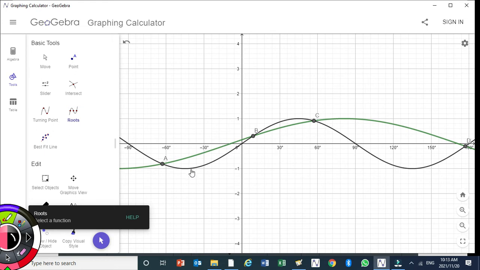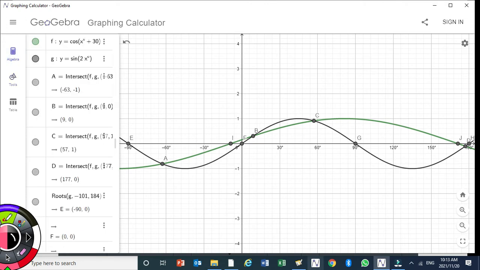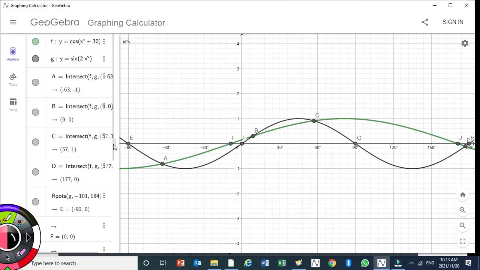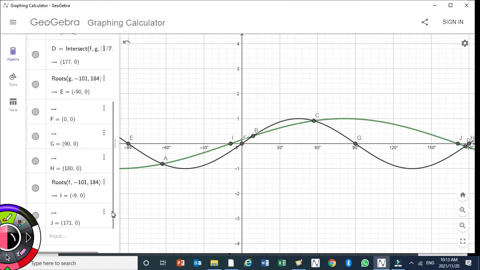Of both graphs. Do you understand what I mean by roots? Where y is 0. Let me scroll down. This is not that easy to find, but you can substitute y equal to 0, then you solve.